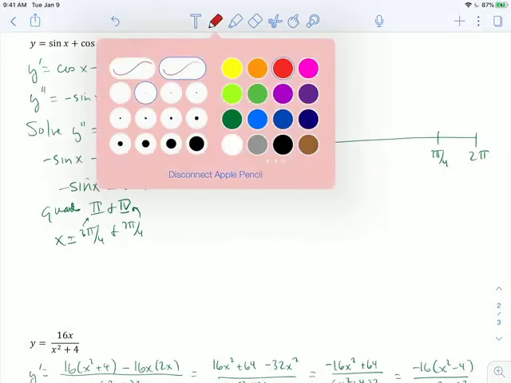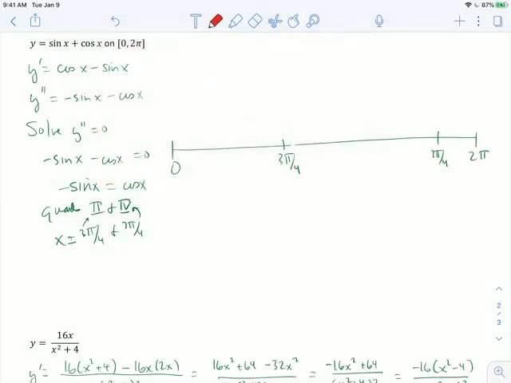I need test points. I'll use pi over 2 here, pi here, and I'm kind of boxed in to 11 pi over 6 here. And so I need the sign of y double prime. So y double prime of pi over 2 is minus sine of pi over 2, that's negative 1, minus cosine of pi over 2, that's 0.